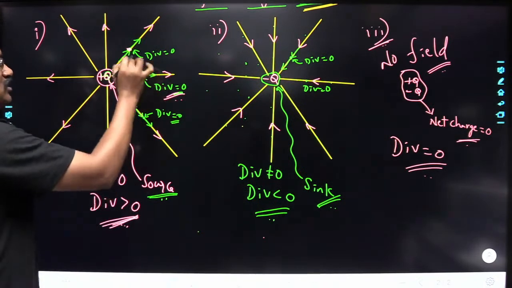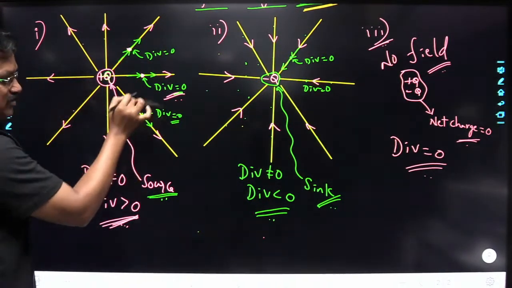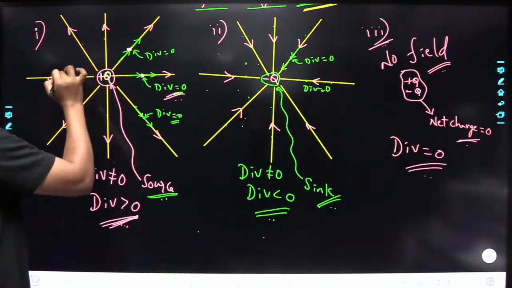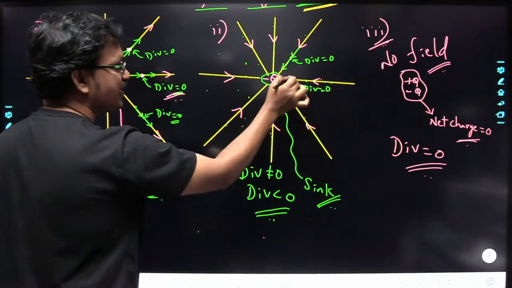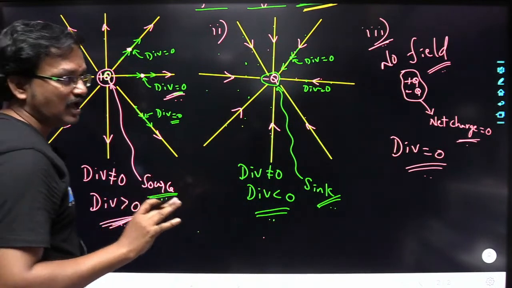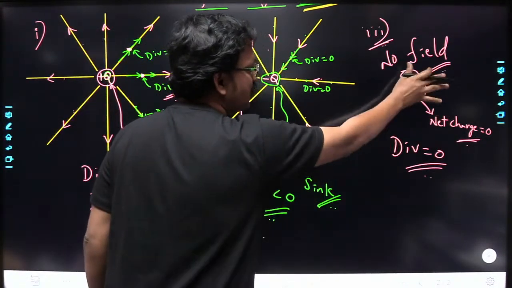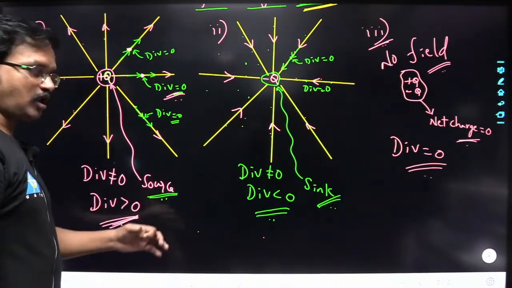Understood? At these locations there is no source, and at these locations there is no sink at all, so also we got divergence equal to 0. And here since there is no net charge, here also we got divergence equal to 0. So where we are getting divergence not equal to 0 here?